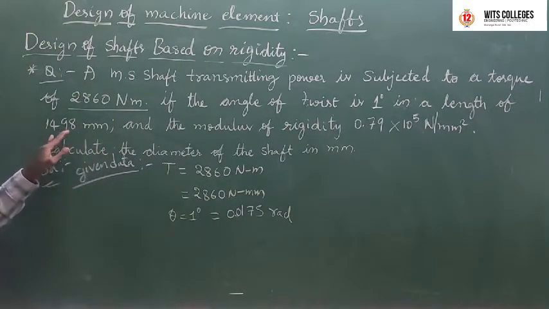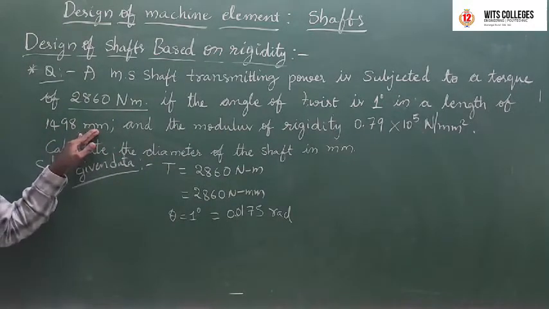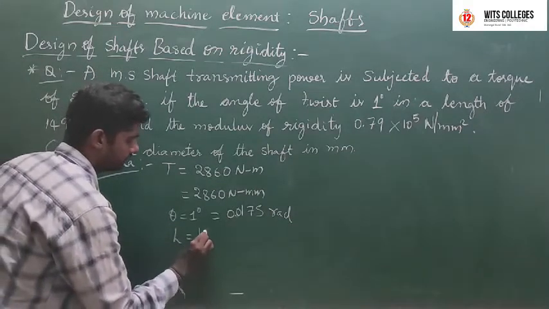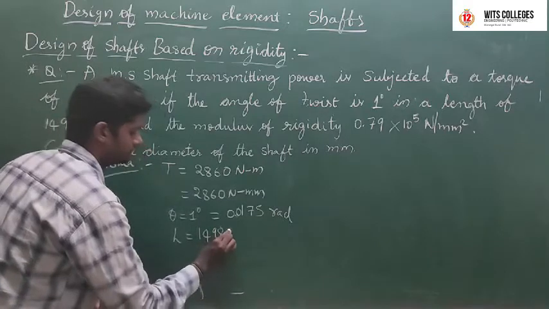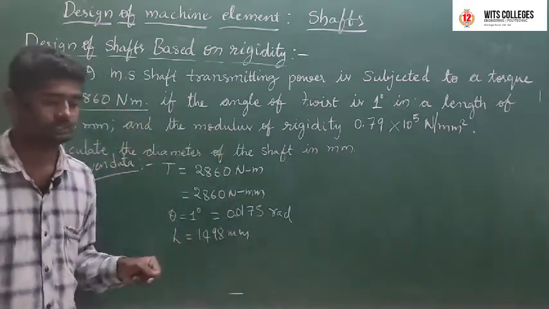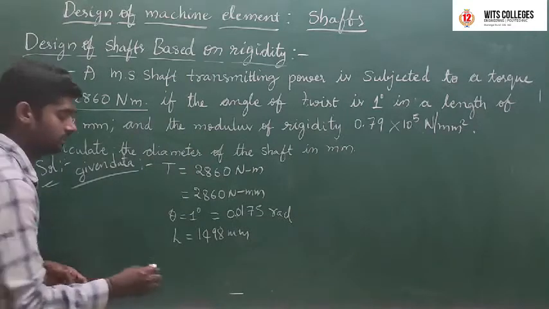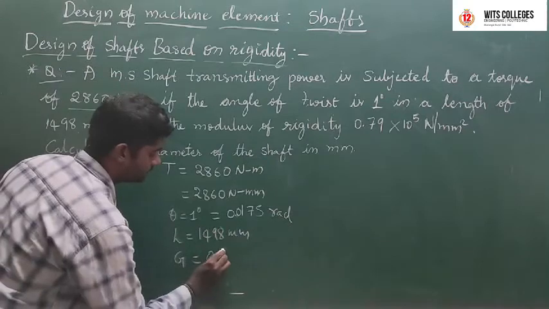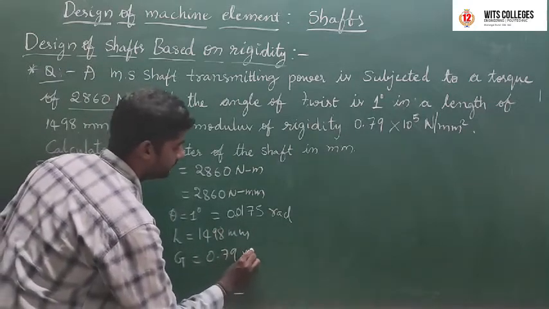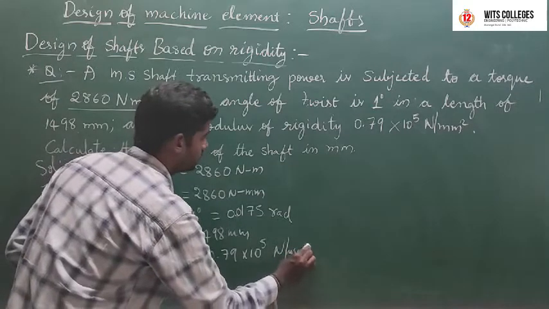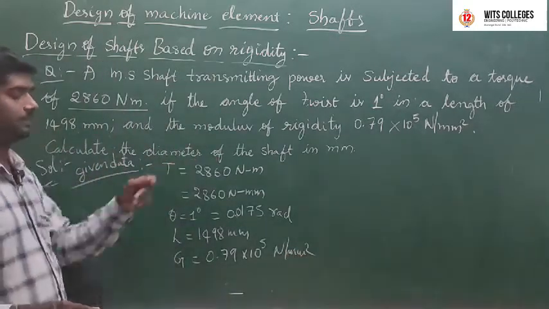Next, the length of the shaft L is 1498 mm. The modulus of rigidity G is 0.79 into 10 to the power of 5 Newton per mm squared. We need to find the diameter of the shaft.